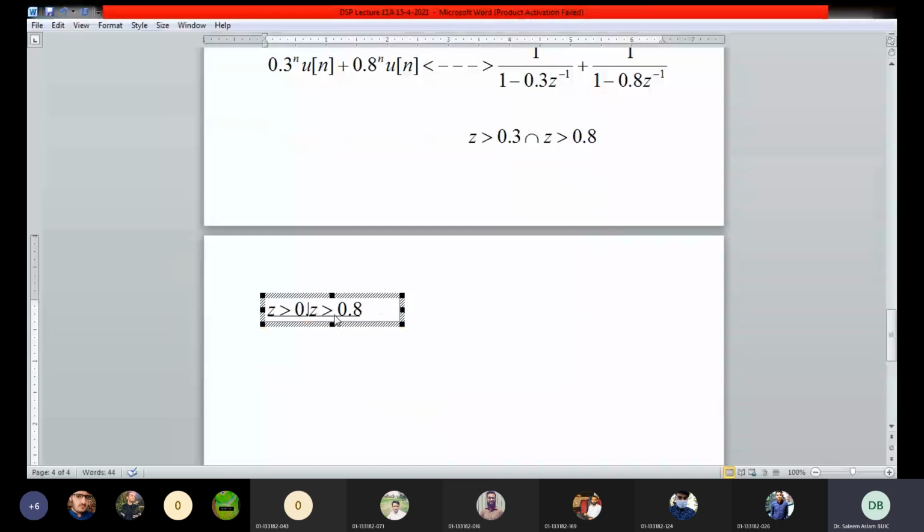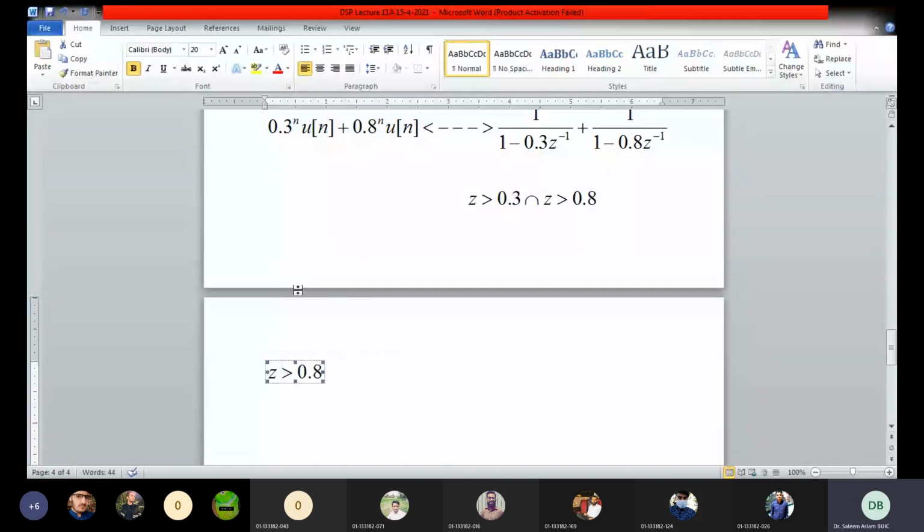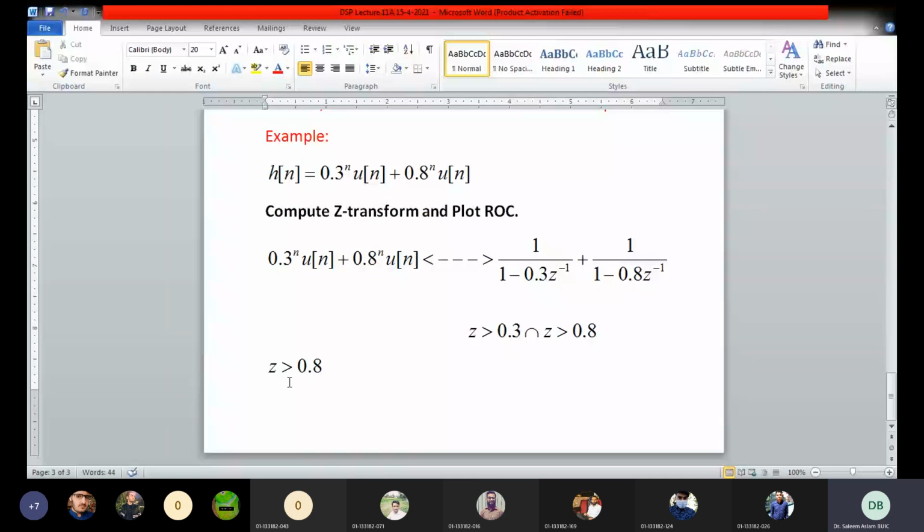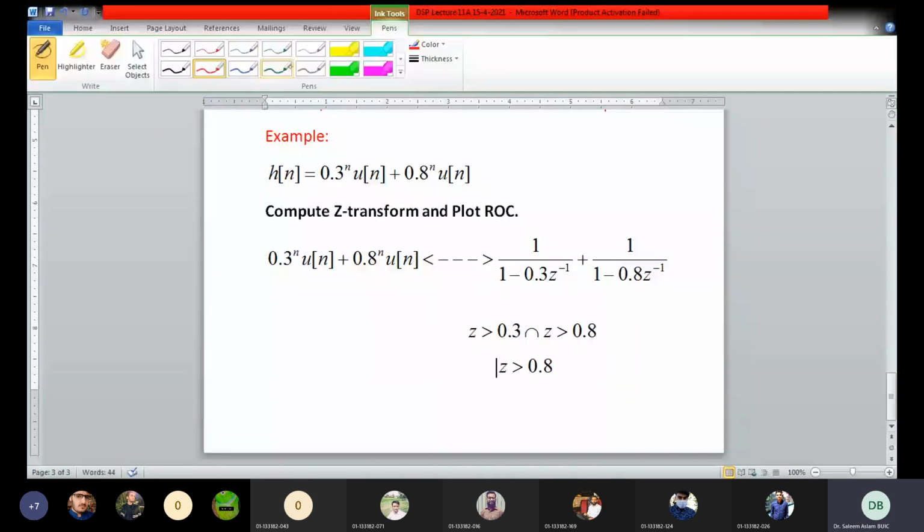Now from here we find out one result. So this is your final ROC, |z| greater than 0.8. Let me write it with pen as well. So this is your ROC, and this is your Z transform expression.